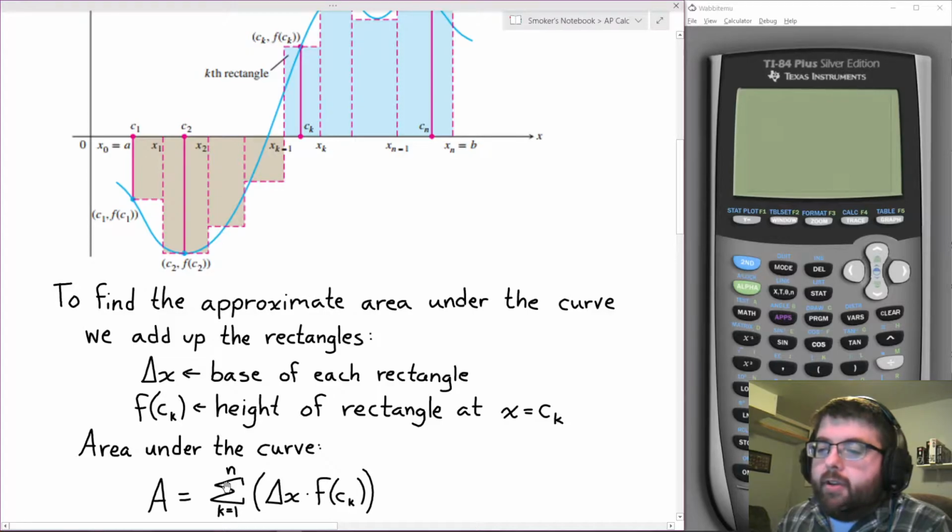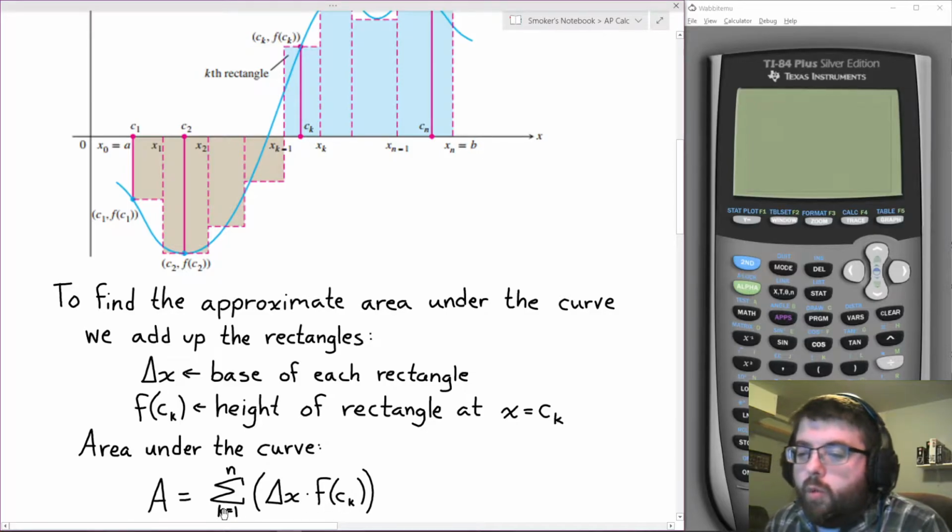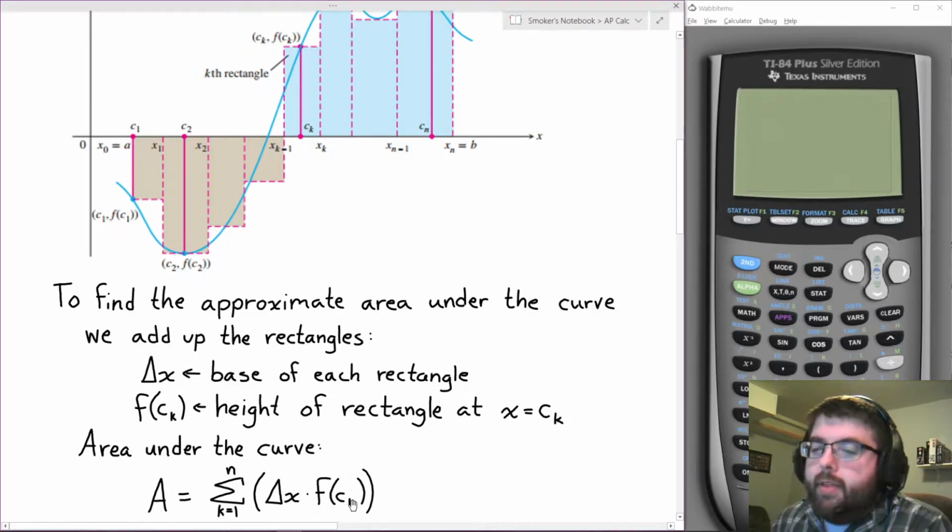It's the sum figure. I don't know if you've seen this before. This is sigma, and it's the sum of all the values from k equals 1, c1, to k equals n, cn. So this is saying the sum of all of these things when k starts at 1, then k is 2, then k is 3, all the way up to k equals n, which would be the last rectangle.